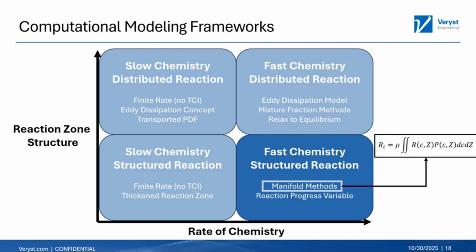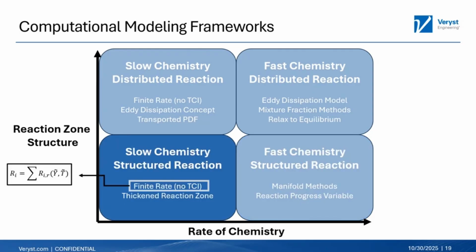So for something like that detailed methane oxygen reaction scheme where we had 53 species, we can reduce that into one equation that's purely parameterized by, for instance, a reaction progress variable. This greatly reduces our dimensional space for simulation, and implicitly assumes that we can map the complex species distribution to a single parameter.